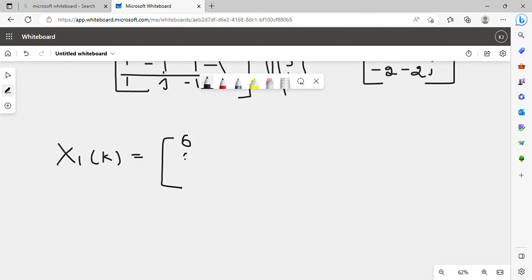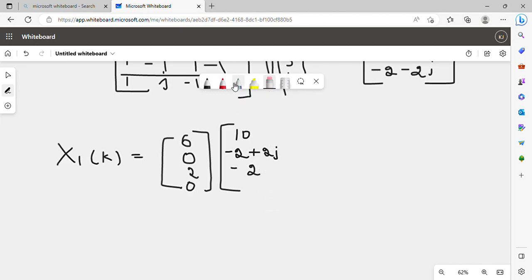Just a minute, 6020, and then you're supposed to write it as 10, 10, minus 2 plus 2j, minus 2j, that is minus 2, and minus 2 minus 2j.